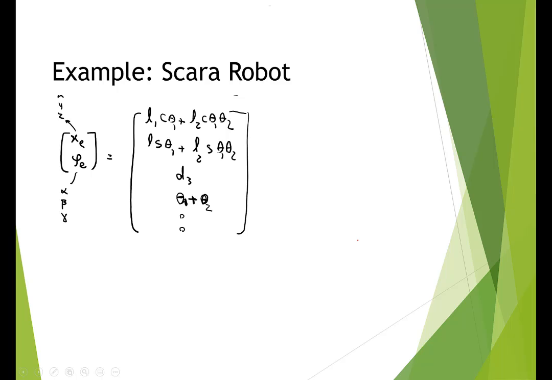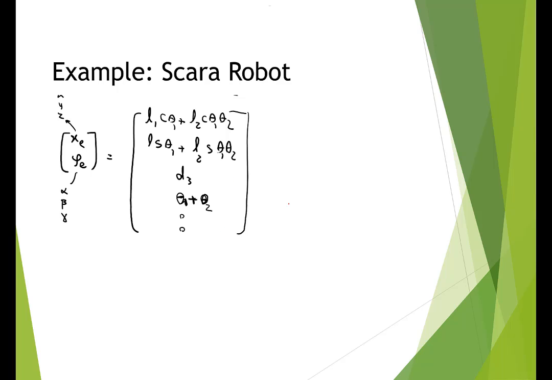Let's calculate it for a simple SCARA robot. Remember in the previous video, we found the forward kinematics of a SCARA robot as this. Now, what is its Jacobian and velocity kinematics?